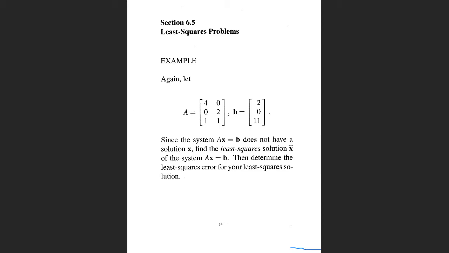All right, we're good? Well, we're going to use the procedure we just learned here to find the least square solution. So what I did was I drew a new picture here.